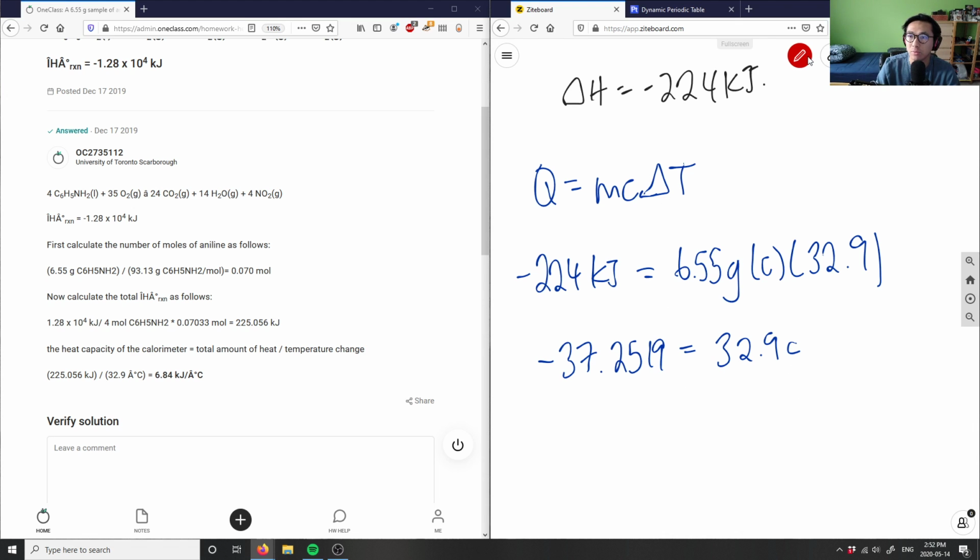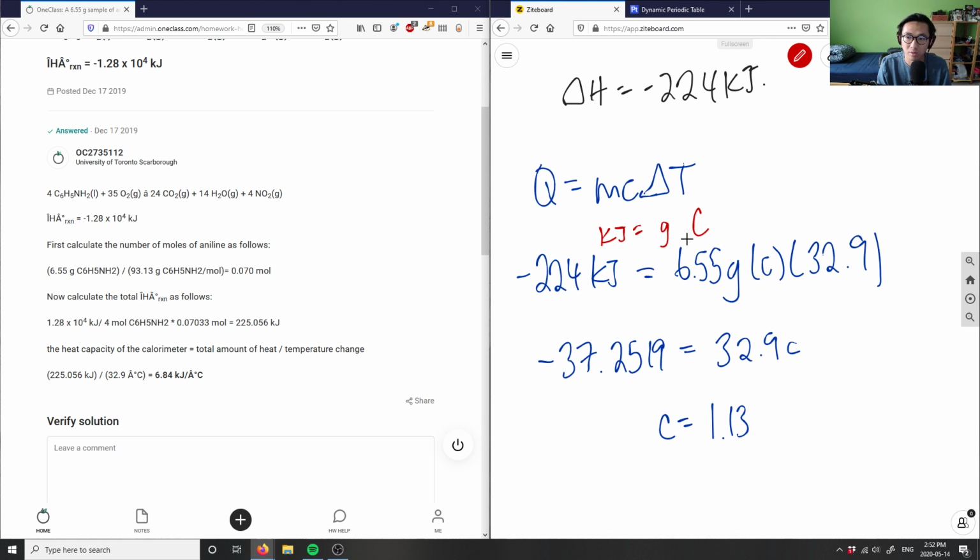So I'm going to continue with my solution here. C is going to equal, and specific heat capacity can't be negative, so I'm going to take the absolute value of this here. So this is actually 1.13 here, and let me just work on my units here. So if this is in kilojoules, it's going to equal grams times C here.